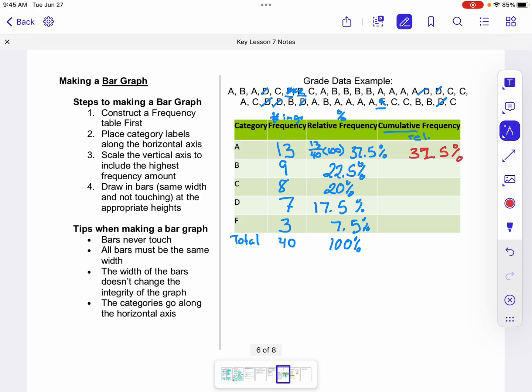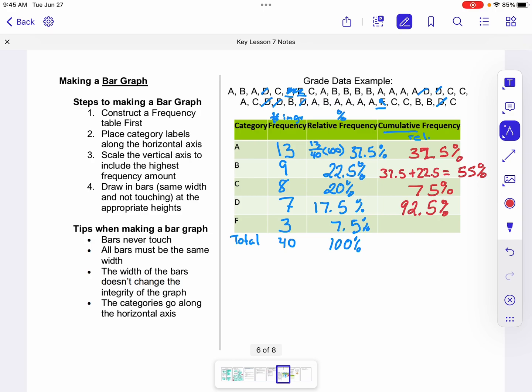But the next row, I take that 32.5 and add it to 22.5. So I have 32.5 plus 22.5, and that would equal 55%. It's almost like a running total is a great way to think about it. Now I take that 55% and I add 20 to it, and I'm at 75%. And then I add 75 to 17.5, and I get 92.5%.